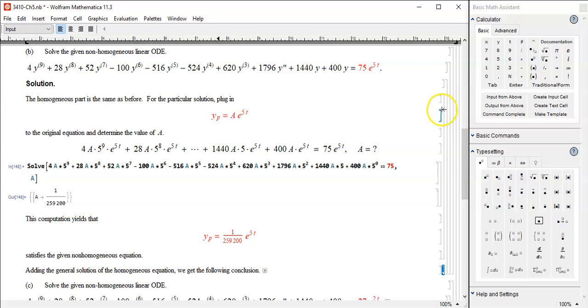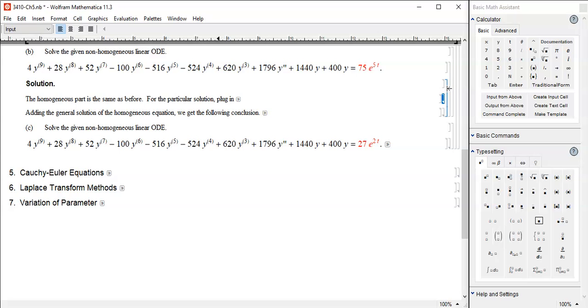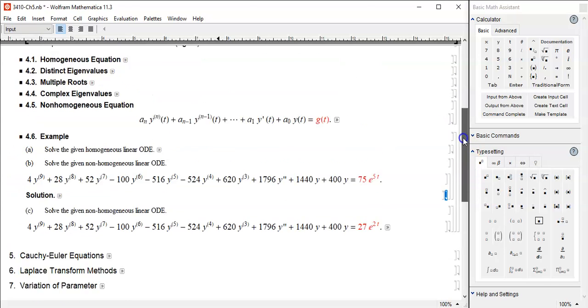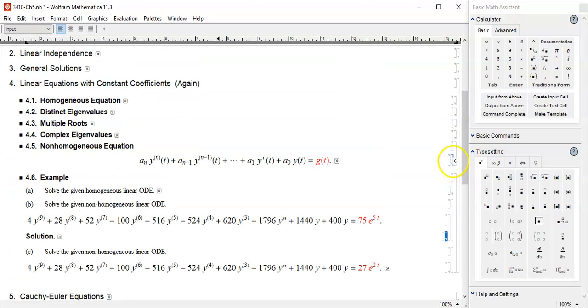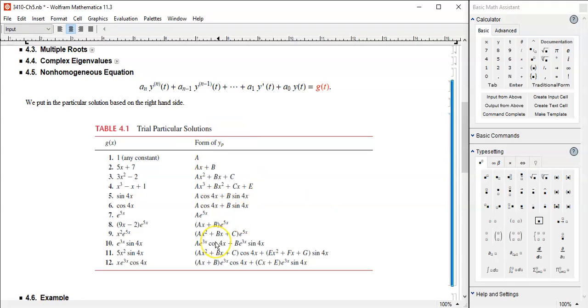And in summary, we can say that the educated guess to find a particular solution is some coefficient times whatever the exponential. We have, of course, other kinds of examples too, as we have in this table.